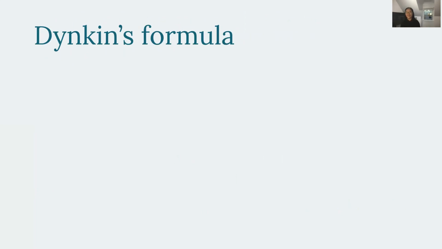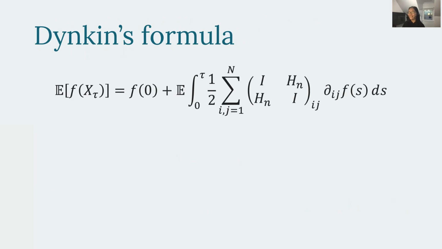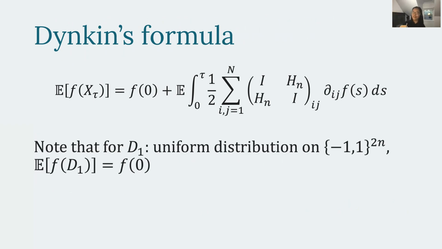Yeah. So okay, now I'm going to talk about how to prove the theorem, which just comes from this thing called Dynkin's formula. First you observe that for d1, which is the uniform distribution on plus minus 1 to the n, the expectation of a multilinear polynomial over d1 is just the same thing as f of 0, because each of the coefficients is independent.